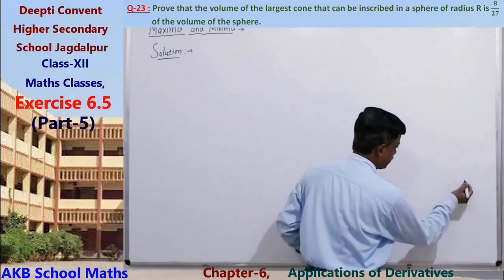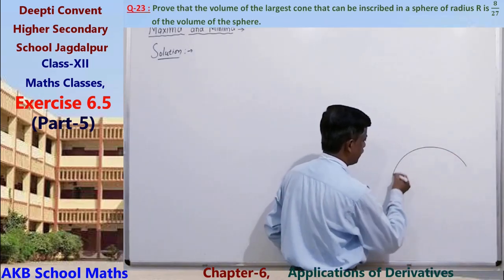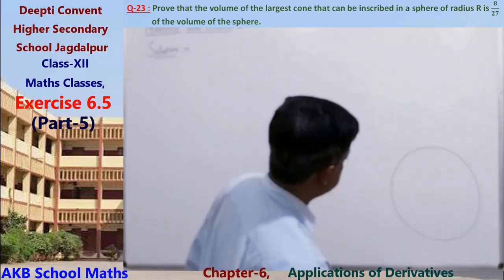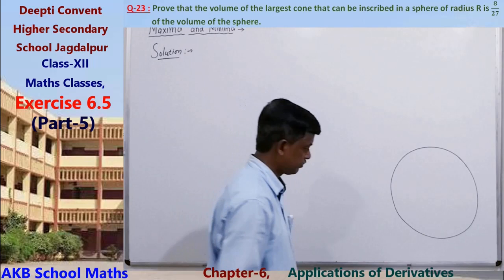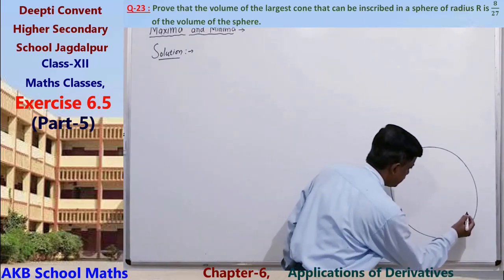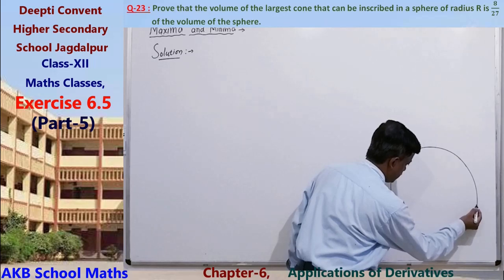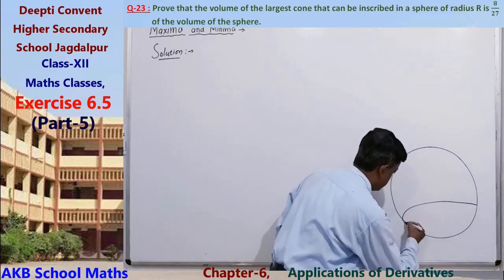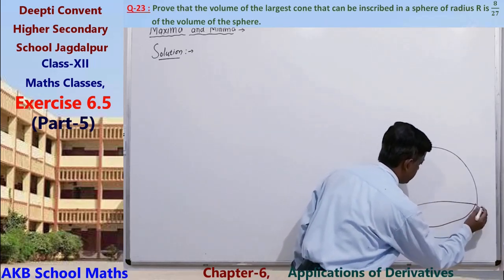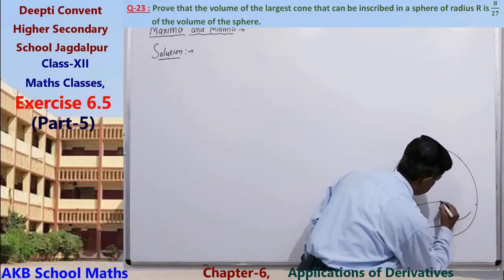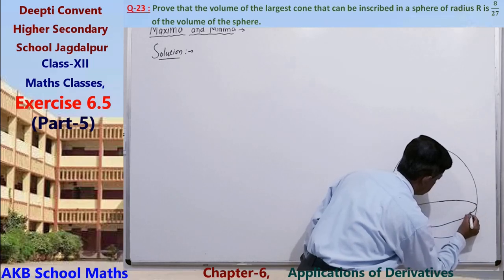Suppose this is a sphere, and we take a cone inscribed in this sphere like this.